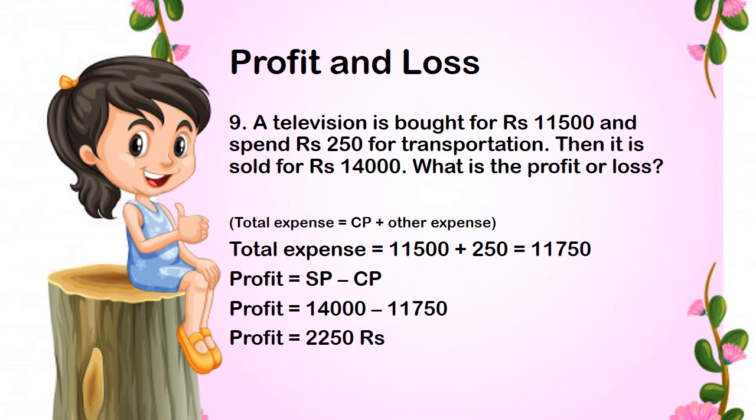So the total expense is 11,500 plus 250, which is equal to 11,750 rupees. Here the selling price is greater than the cost price. So we need to find the profit. Profit is equal to selling price minus cost price, equal to 14,000 minus 11,750 rupees, which is equal to 2,250 rupees is the profit.